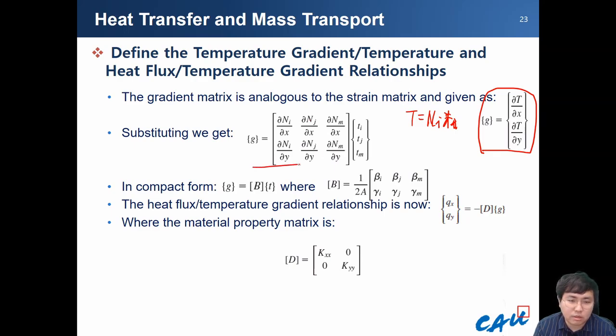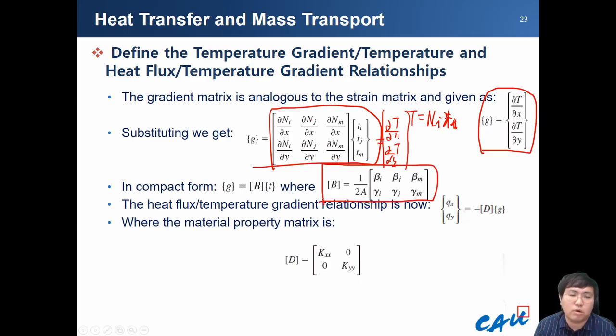So the temperature gradient is expressed like this, and we can say that this is the B matrix of the conduction problem. This is slightly different. Do you remember the B matrix in the strain component?